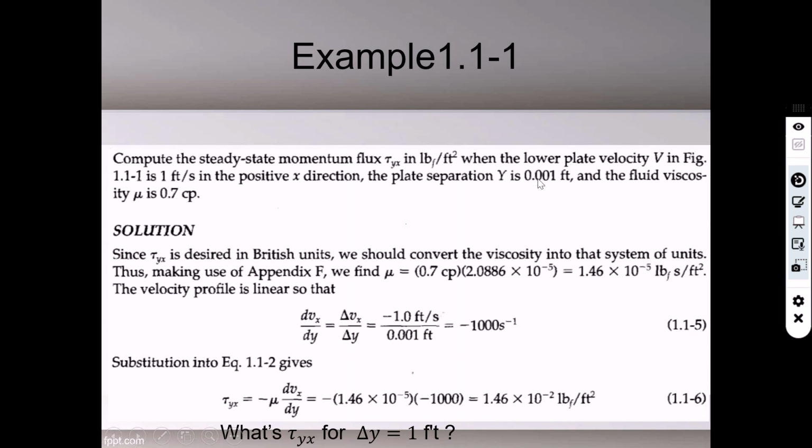So you put the distance between the two plates here, and then you get delta vx over delta y. You put that delta vx over delta y in here, and you get the dvx/dy.